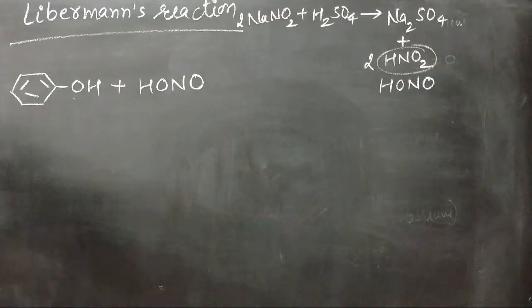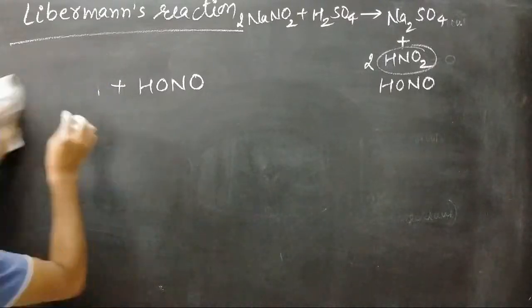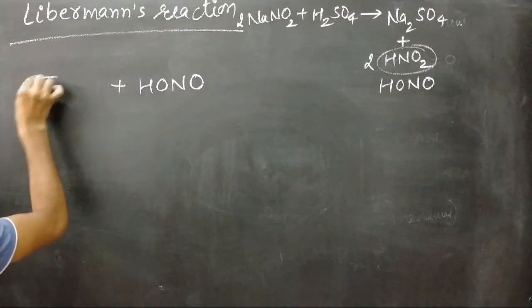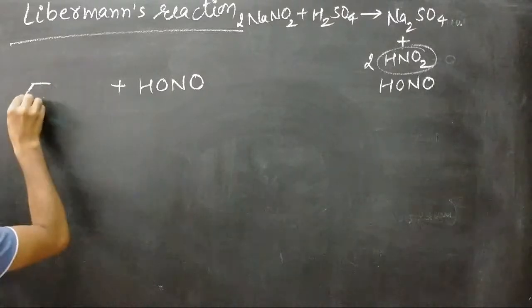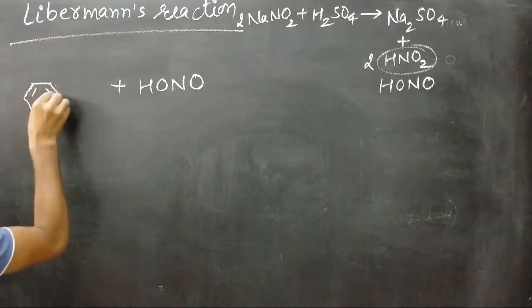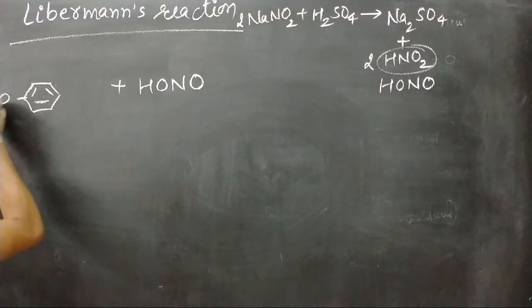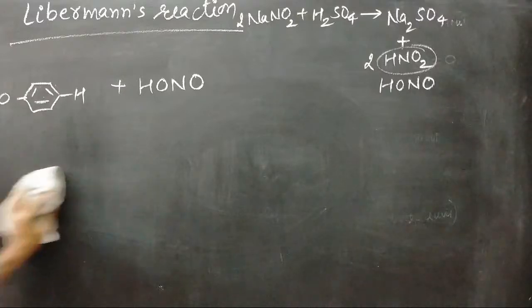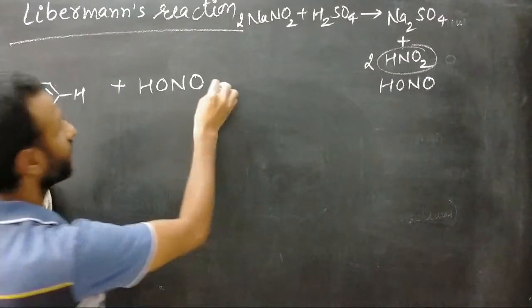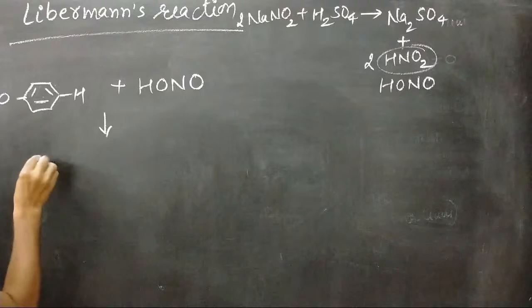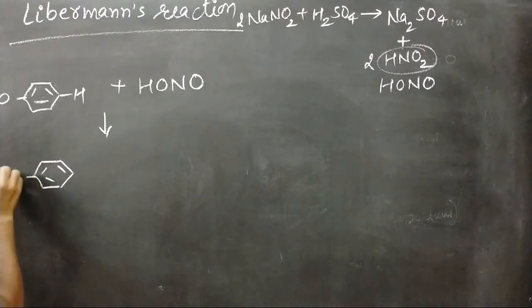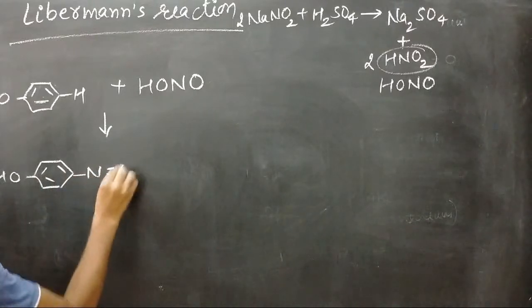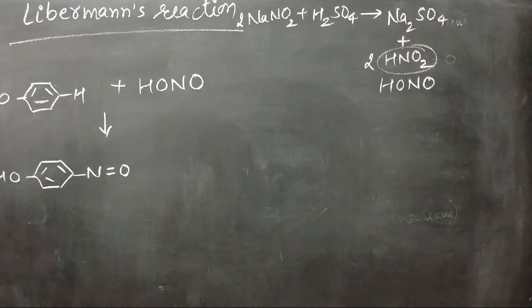Okay. So when HONO reacts with phenol, para-nitrosophenol is formed. We get para-nitrosophenol.